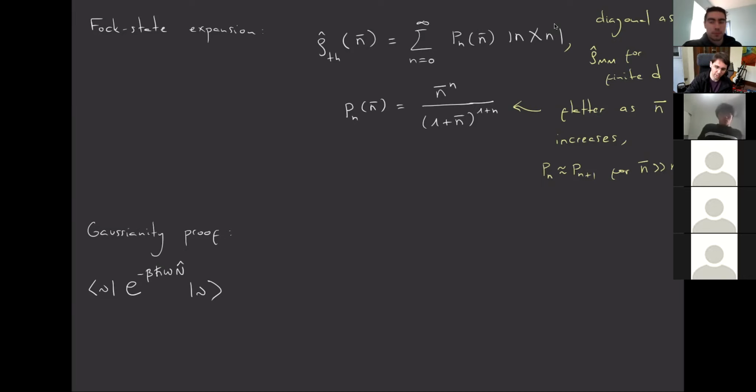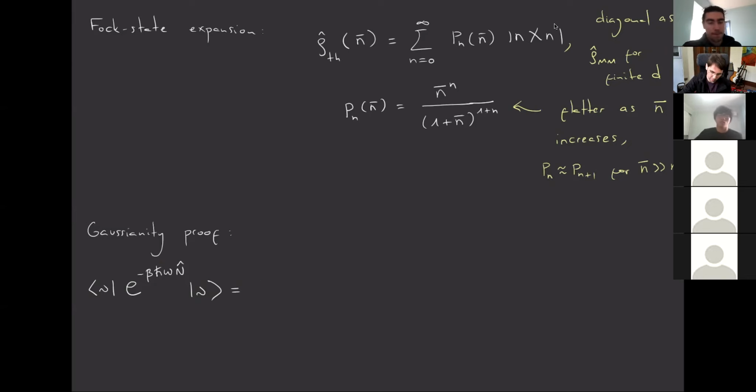But all we need to prove is that this part of the expectation value is the exponential of a quadratic form of mu. This is very easy to prove because we can use the Fock representation of this exponential.